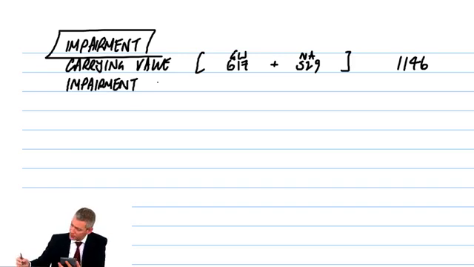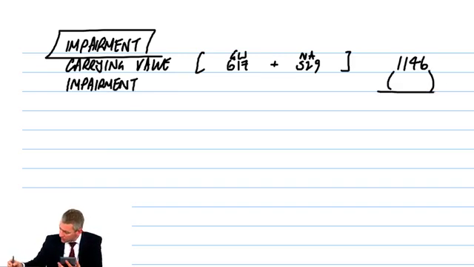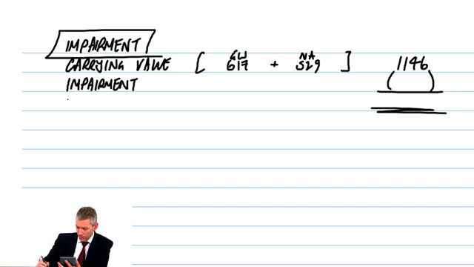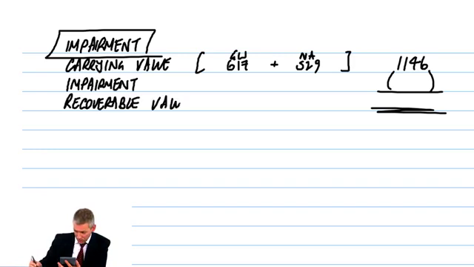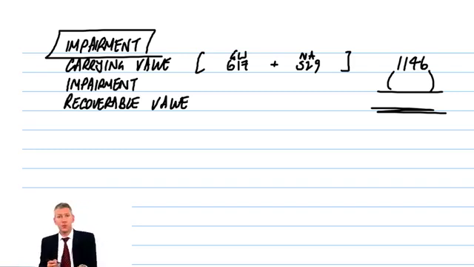And here's the impairment calculated as a balancing figure by comparison to the recoverable value. But how do we recover value from our ownership of the subsidiary? There are two ways of recovering value. Those two ways are sell an asset or keep an asset and use it.